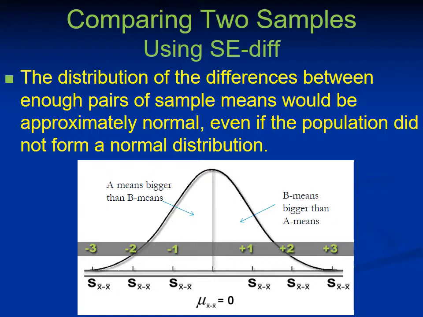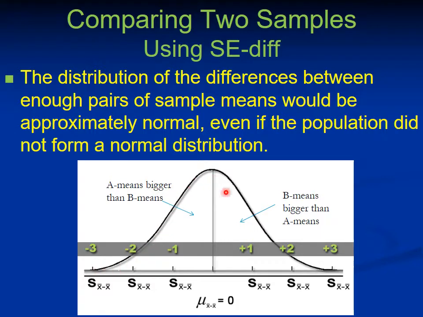So you're thinking in terms of the distribution of differences between the means of samples. Okay, so the idea here, and again, if you didn't understand this, I strongly suggest you reread those pages in the book. But the idea here is that if you were to draw an infinite number of sets of 2 samples from a population, and you always subtract the mean of sample B from sample A, okay, and if you then go and plot the differences in means, you end up with a frequency distribution that is going to be normal.